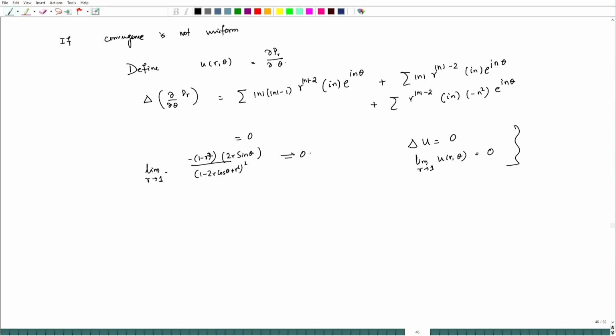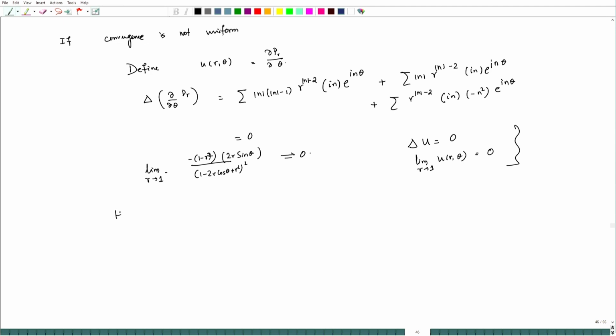If there were uniform convergence, you would have got u identically equal to 0 as the solution of this differential equation. However, here we find that u is equal to del by del theta of P_r, which is not identically equal to 0, but it is a solution of this differential equation.